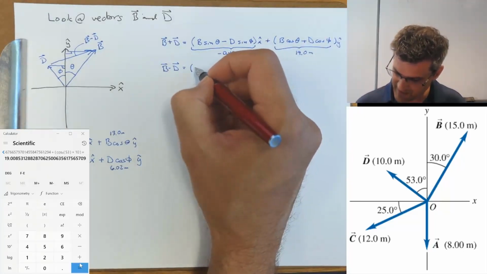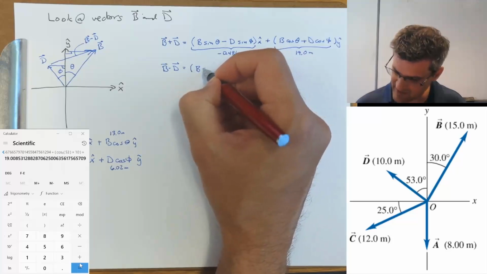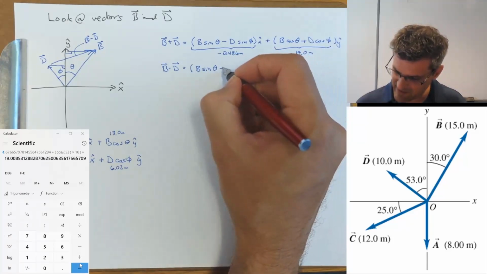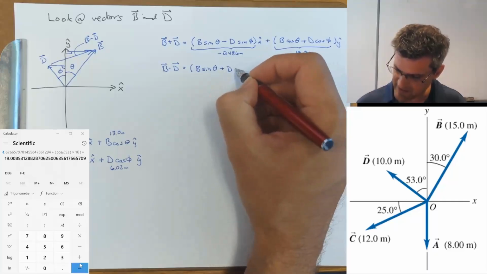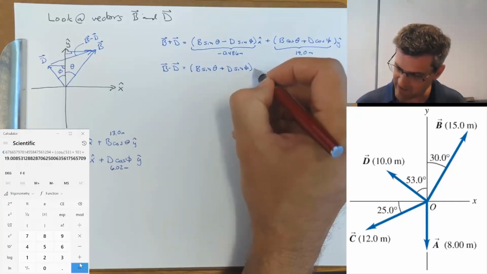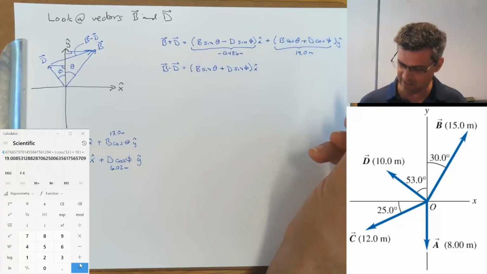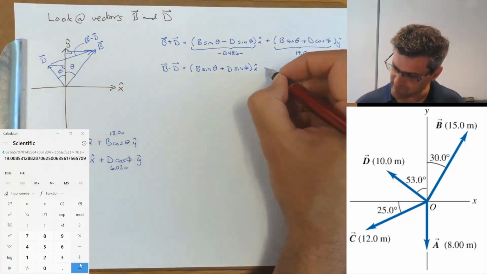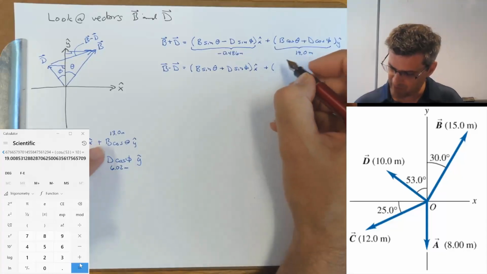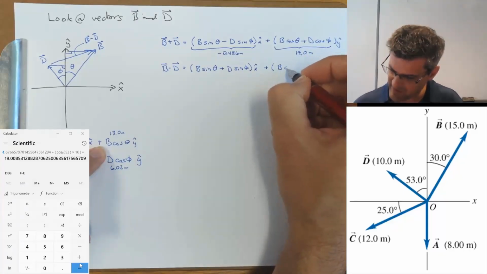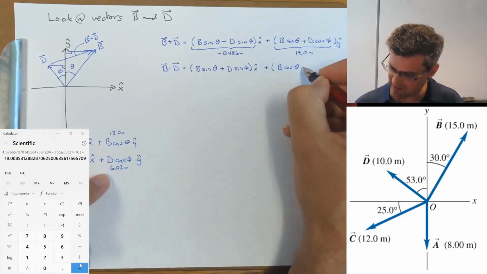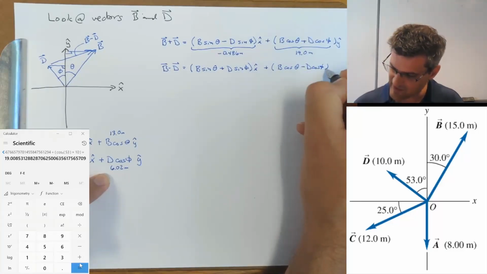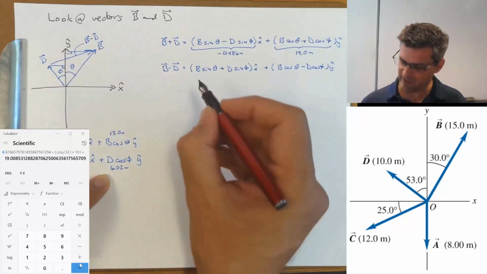B x is B sine theta minus D, which is plus D sine of phi. That's what's going on in the x. These really carry signs. Plus B cosine theta minus D cosine phi. This is what's going on in the y.